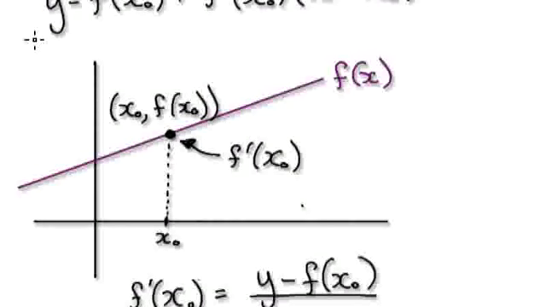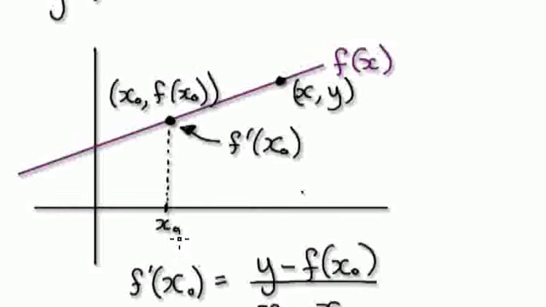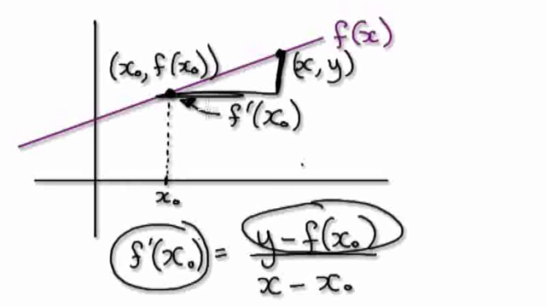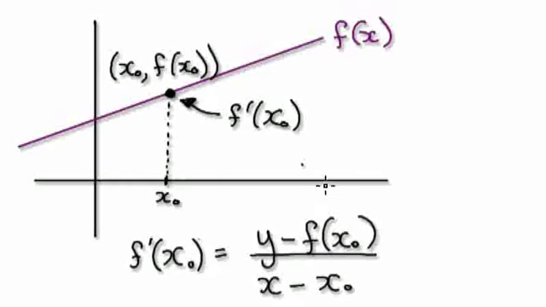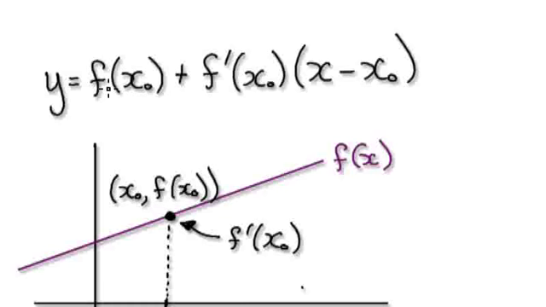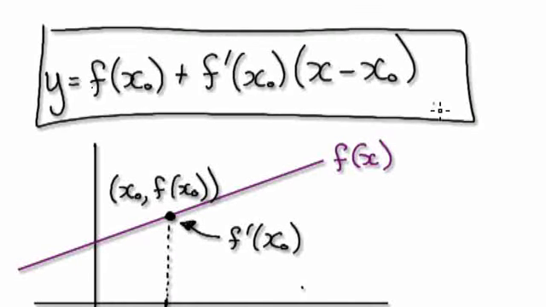Start out with your diagram like this, and set up one point, which could be anywhere, say x comma y. Then you know the derivative, the gradient, is this height divided by this, and then rearrange it to make y the subject. Just remember that the equation of a straight line is given by this here.